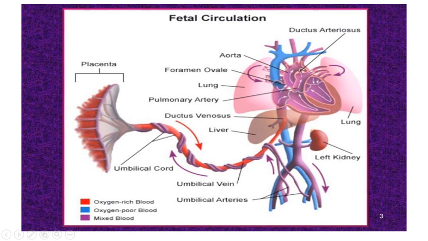The ductus arteriosus is a connection between the pulmonary artery and aorta. So patent ductus arteriosus and foramen ovale are ultimately responsible for supply of the oxygenated blood to the body.